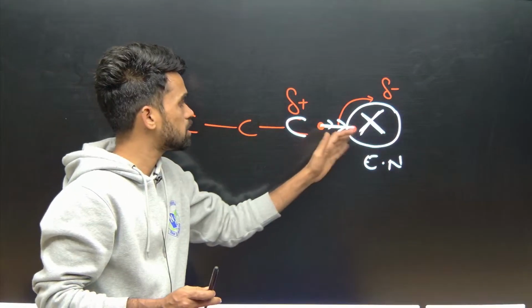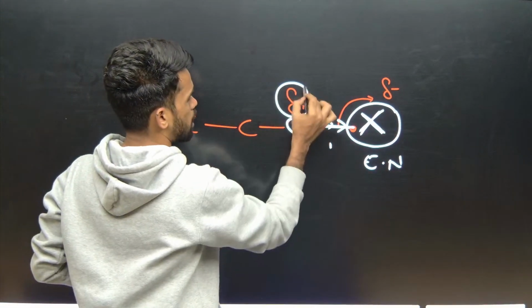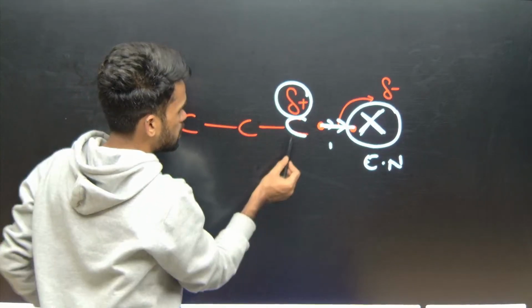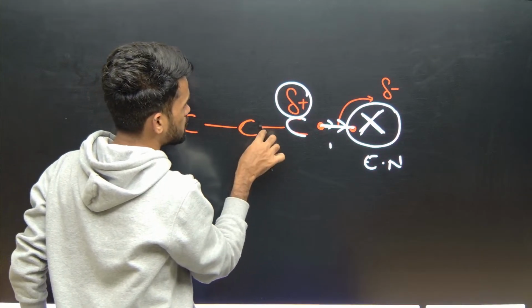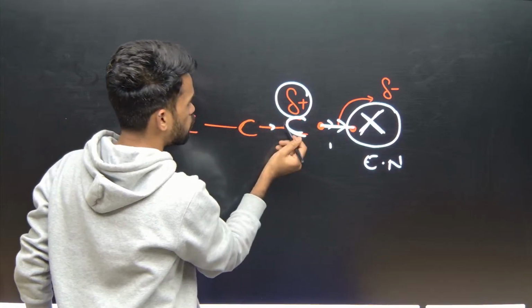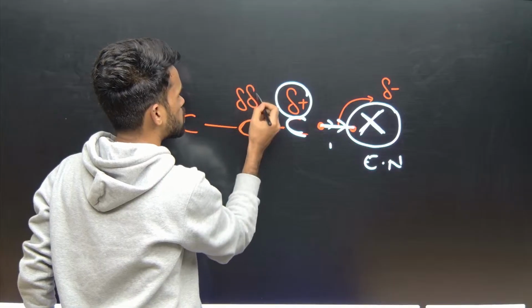So when this electronic displacement is taking place, it is creating positive charge on the carbon chain. If this is positive charge, now see the adjacent one will be carbon here. So now these bonded electrons are slightly taken by this carbon because it is positive charge now. Therefore, it will show some effect on it, and here I am writing double partial positive charge.